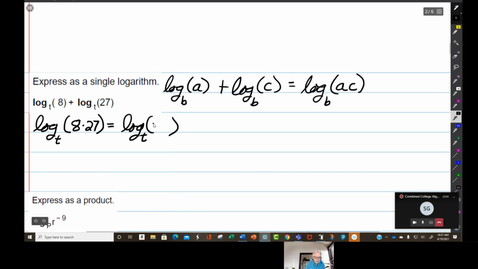Yeah, 216. Notice this says express as a single logarithm. So that's what we did.